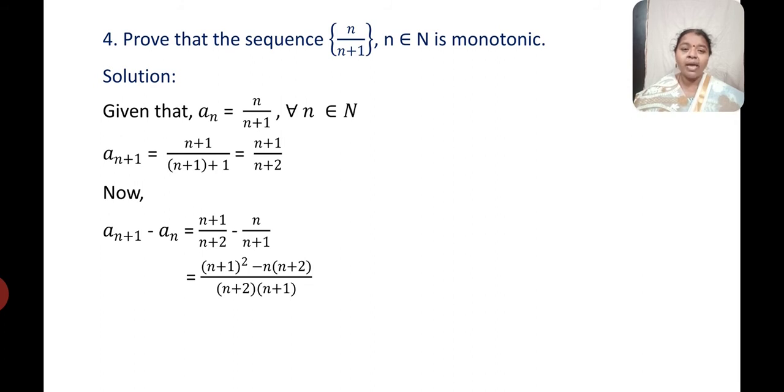Now, an plus 1 minus an would be n plus 1 by n plus 2 minus n by n plus 1. So, LCM is n plus 2 into n plus 1. After cross multiplying, we get n plus 1 whole square minus n into n plus 2 divided by n plus 2 into n plus 1.